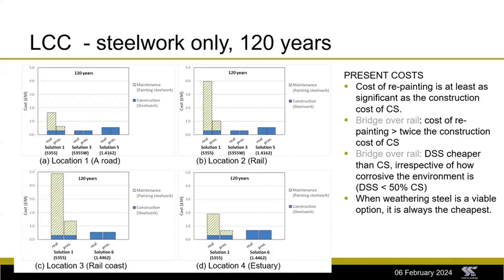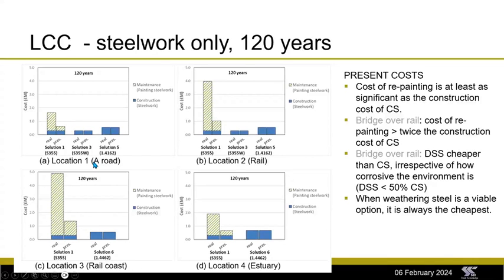So, nearly at the end now, let me just talk you through 2 more slides. So this was the outcome of the life cycle cost study for the steelwork only. The next slide is for the total bridge costs. Blue, that's the construction cost, and the green is the maintenance.